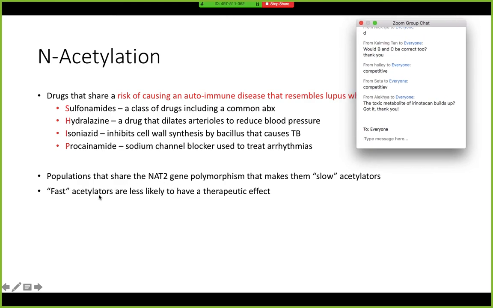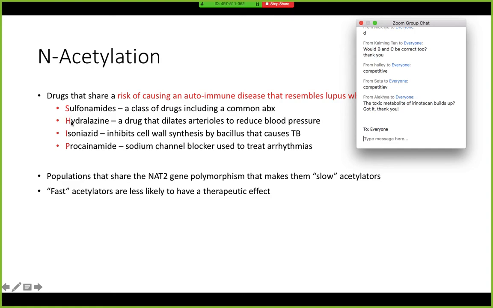And the reason that this is important is that populations that share this NAT2 gene polymorphism are slow acetylators. So if you have this polymorphism, these drugs are not going to be metabolized as quickly. So you're going to get a buildup of these drugs.